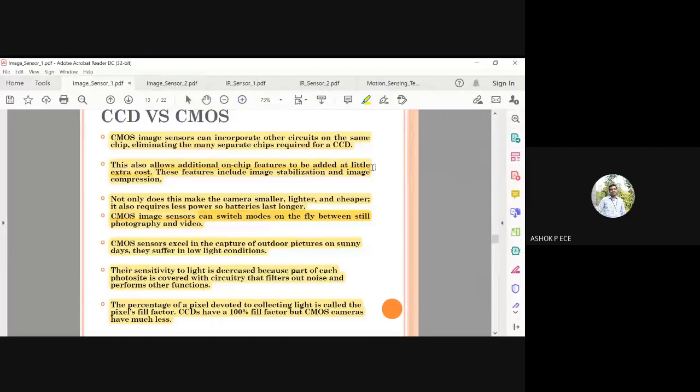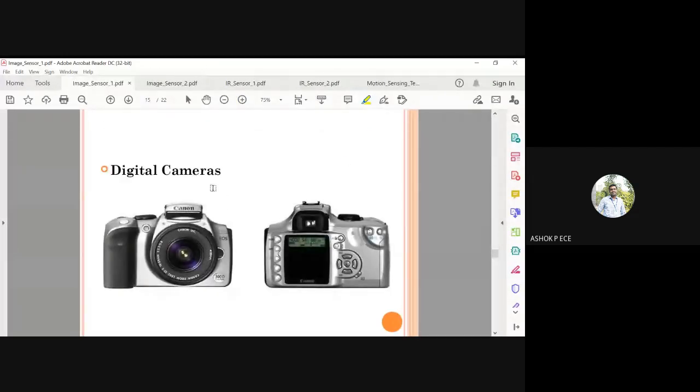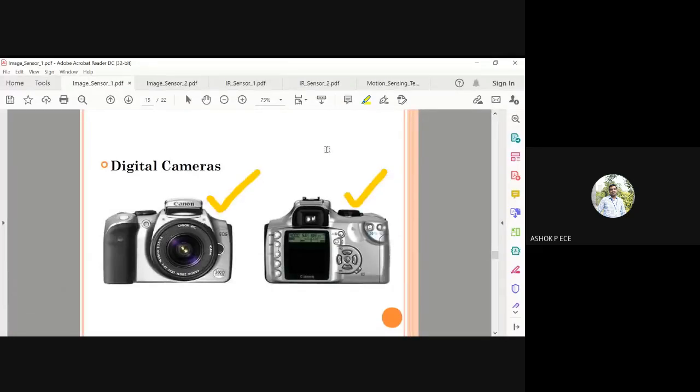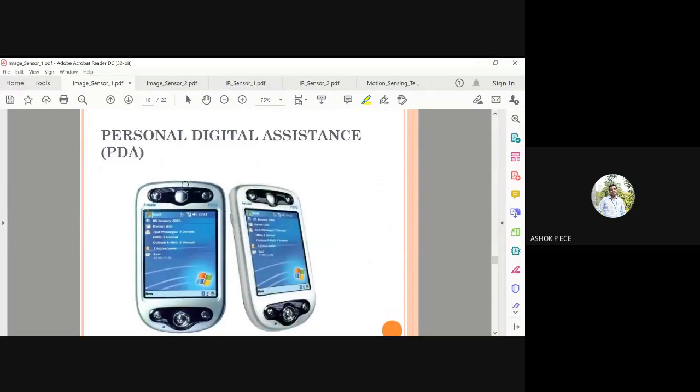So, applications of image sensors. Image sensors are used predominantly in digital cameras. Then you have the personal digital assistant, available in developed countries. They call it a PDA. It is just like a computer which can process your incoming messages, or you can contact people. It is like a miniature form of a phone, but you can do all the programming which you can do using a computer.